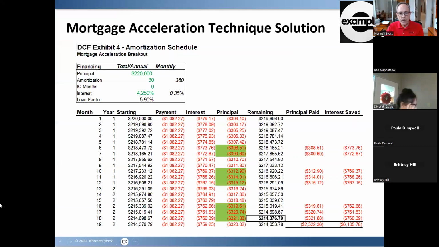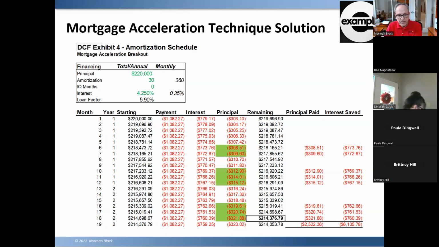If we do what we said, when we pay payment number 5, we prepay payments number 6 and 7. There they are right there. And when we pay payment number 9, we pay 10, 11, and 12.